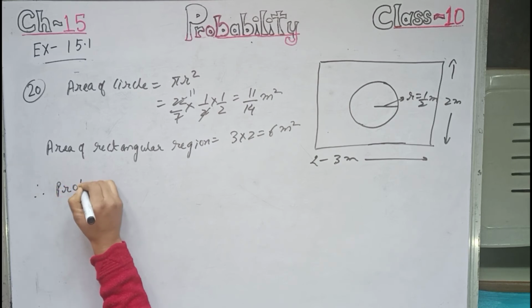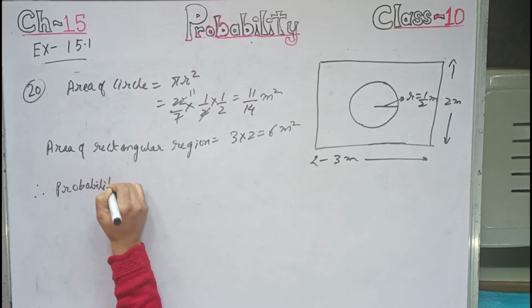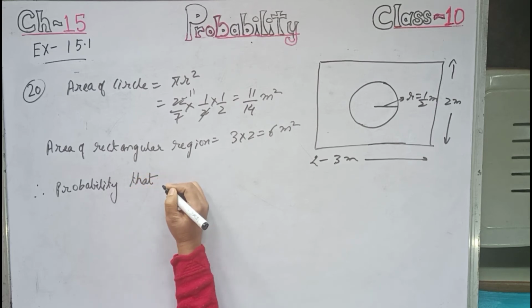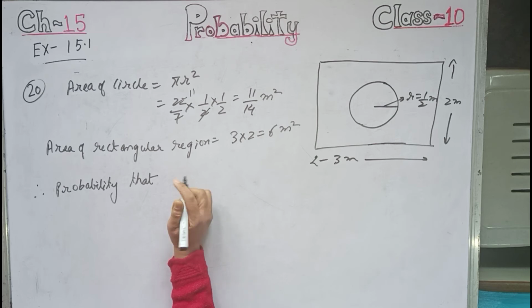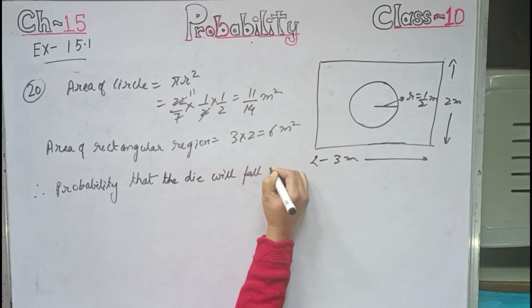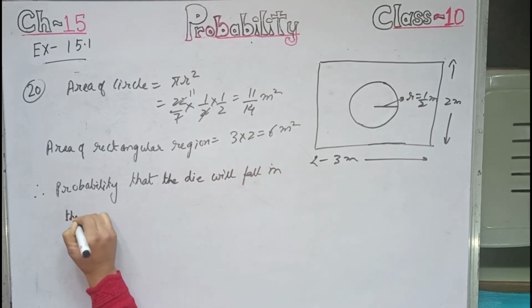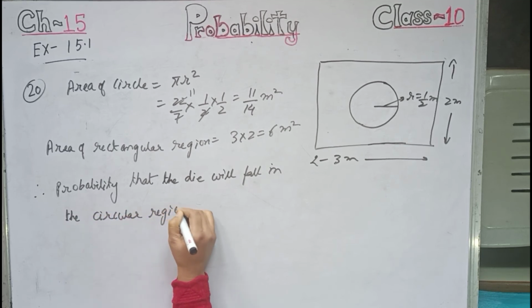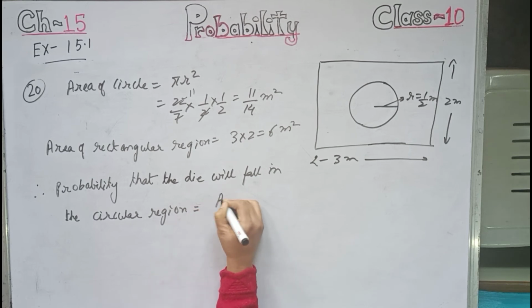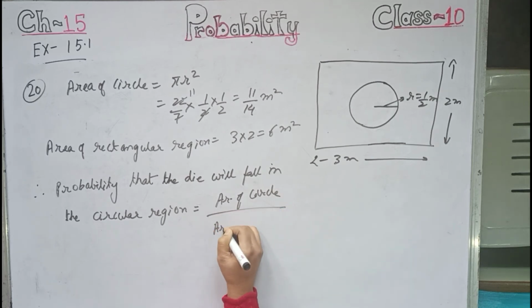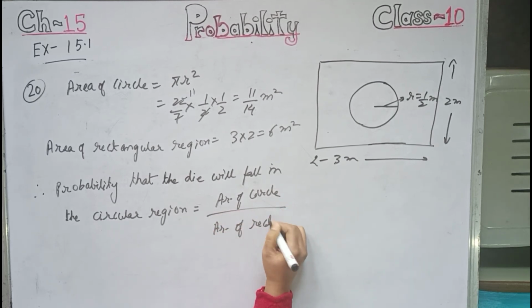Therefore, probability that you drop a die, so probability that the die will fall in the circular region will be equals to area of circle divided by area of rectangle.